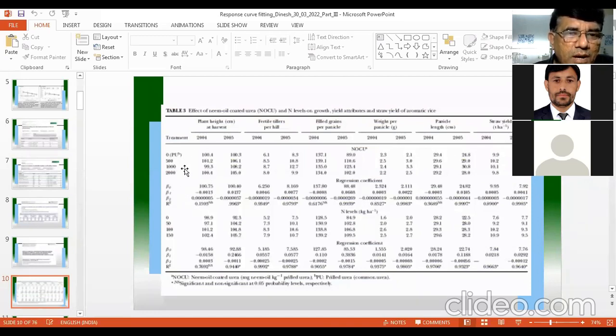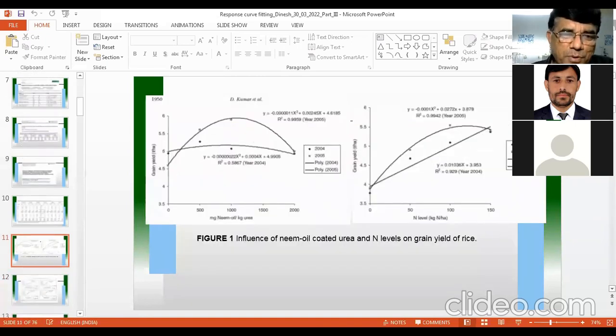If you want to compare within the levels 500, 1000, 2000 ppm, then you can use beta 2. Beta 2 regression coefficient can be used as your CD or LSD. So such kind of interesting manipulations can be done with your simple agronomic data. I'm just telling you the scope.